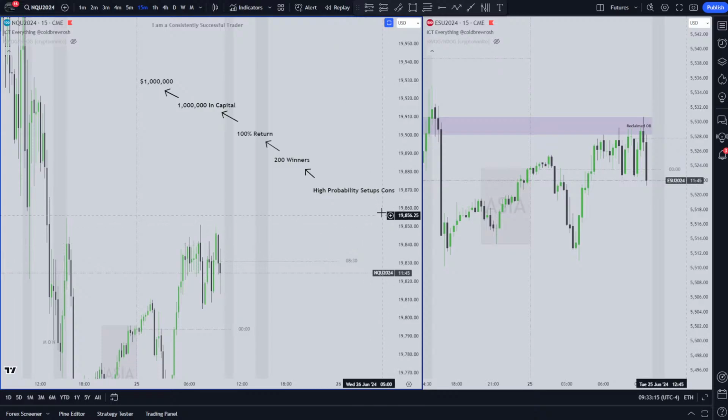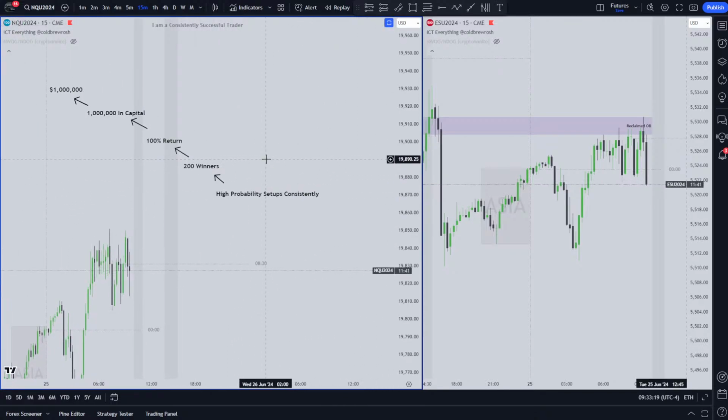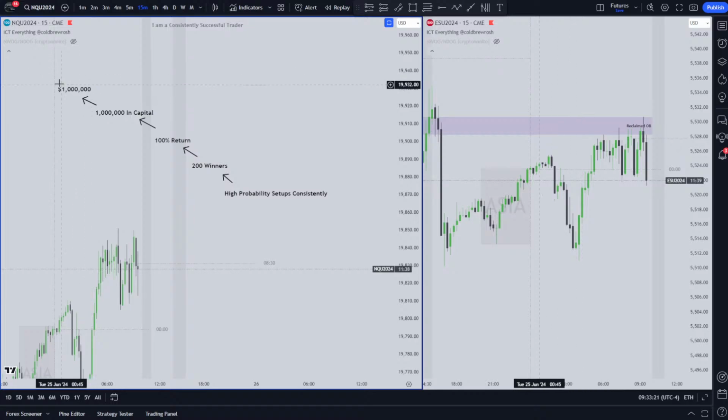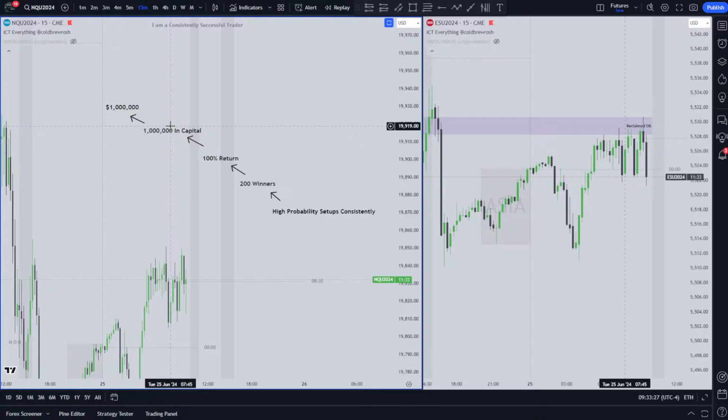But something I had to ask myself was, if I was the type of guy that wanted to get to this goal, the version of me that gets to that goal is not the version of me that tries to trade all these news events, that tries to trade no news Mondays, that tries to pick every single trading day as an opportunity, you know?